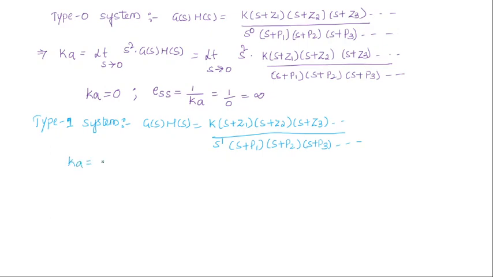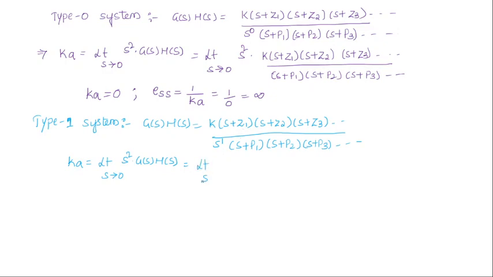What is Ka? Ka is nothing but limit s tends to 0 of s square into G of s into H of s. So in place of G of s into H of s, substitute the value of type 1 system.